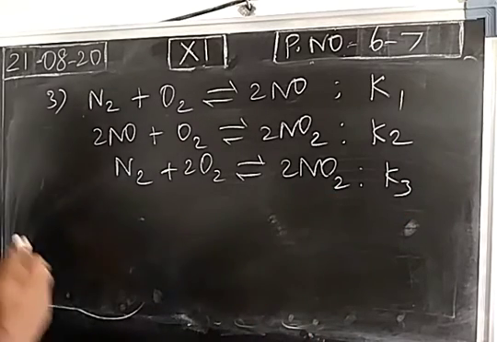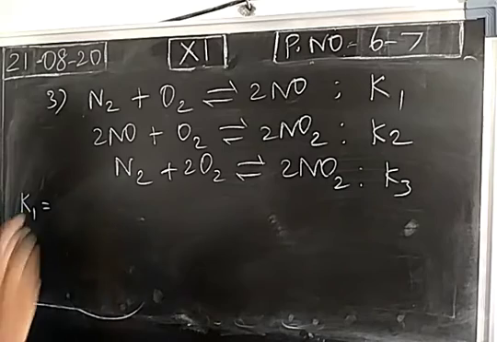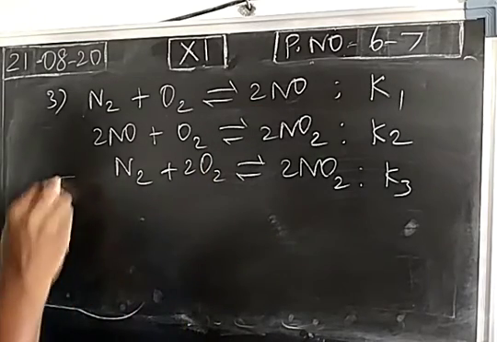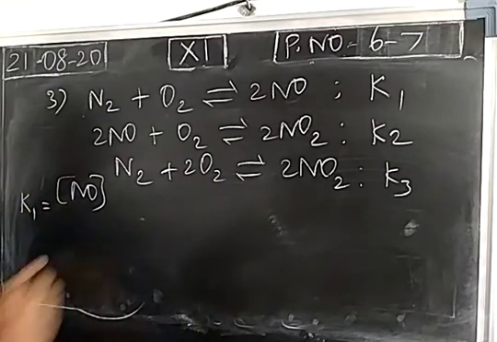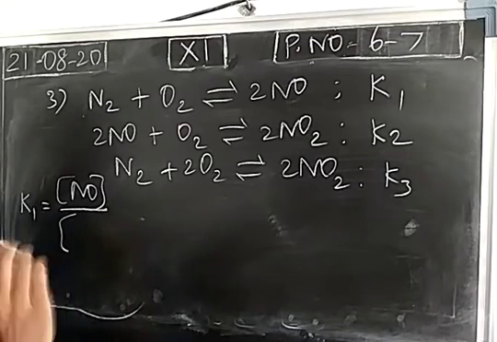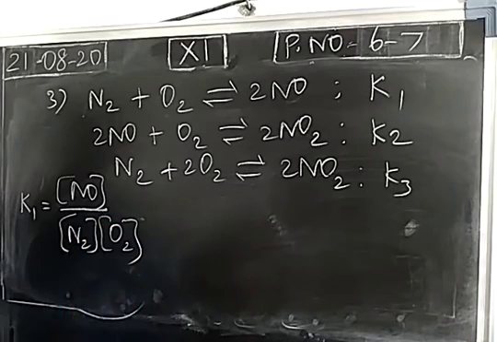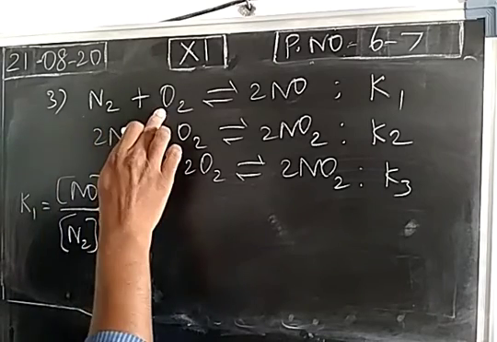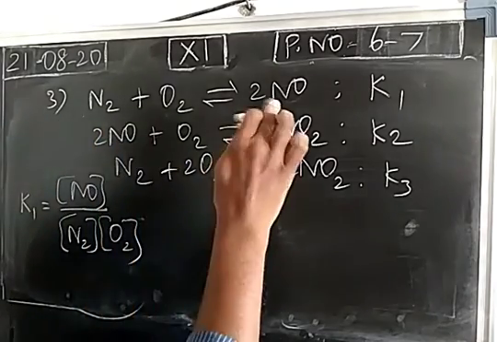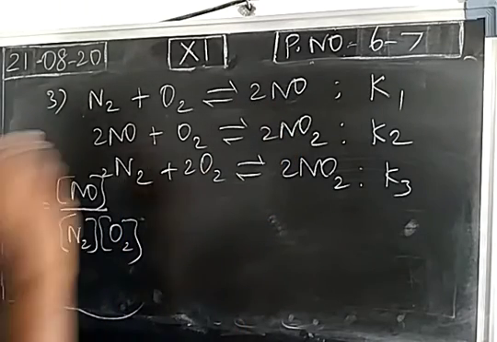First we may write K1. K1 is equal to the concentration of product NO squared divided by the concentration of reactants nitrogen gas and oxygen gas. On the reactant side the coefficient is 1, on the product side the coefficient is 2, so the power is 2.